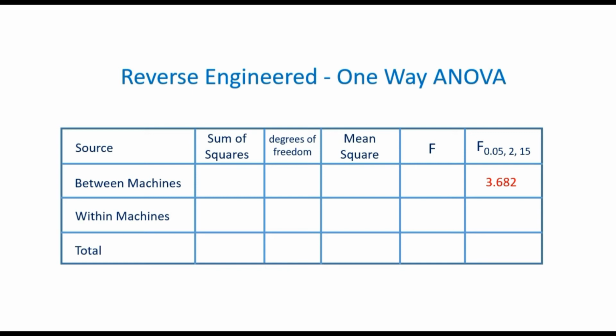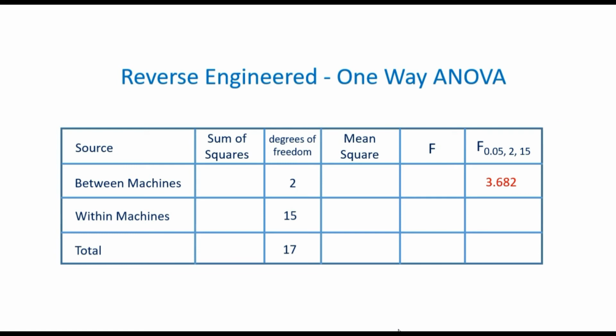we lay out the analysis of variance table. The very first entry in the analysis of variance table is the critical value of F. It's not the last entry. It's the first entry. This is not a surprise entry.